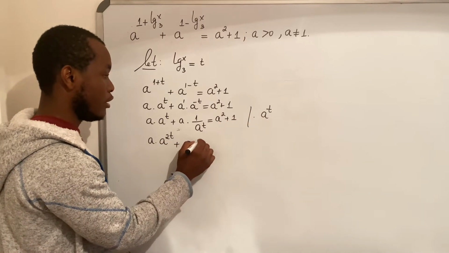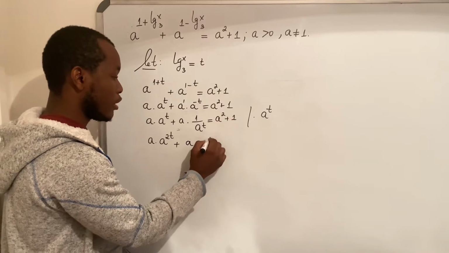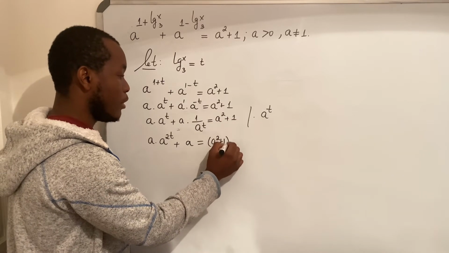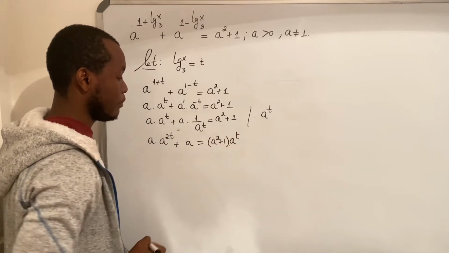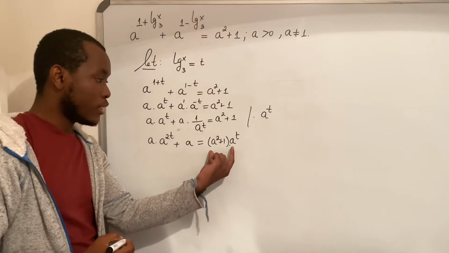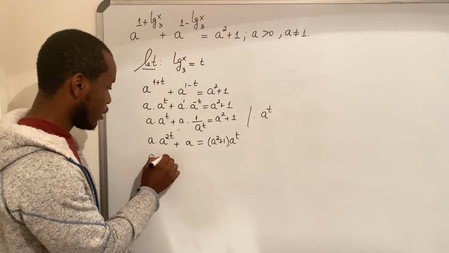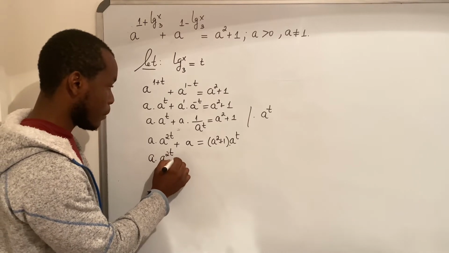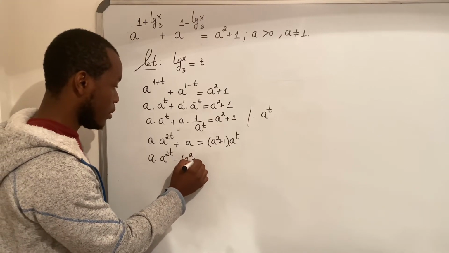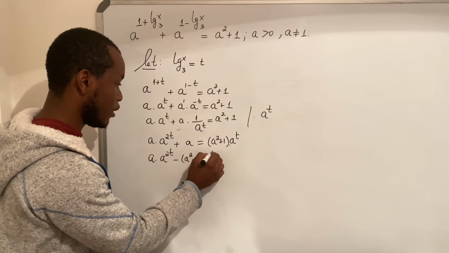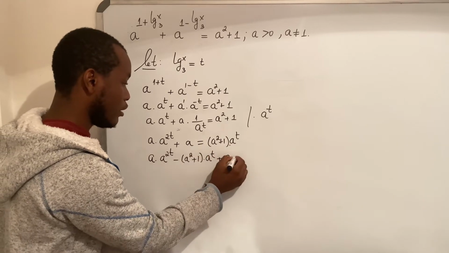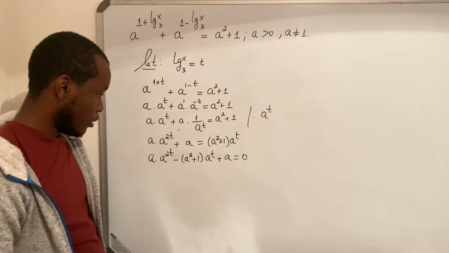We will have a equals all these expressions multiplying a to the power t. This is a dot product, so you can send all this expression to the other side. We will have a times a to the power 2t minus a squared plus 1 times a to the power t, plus a, equals 0.